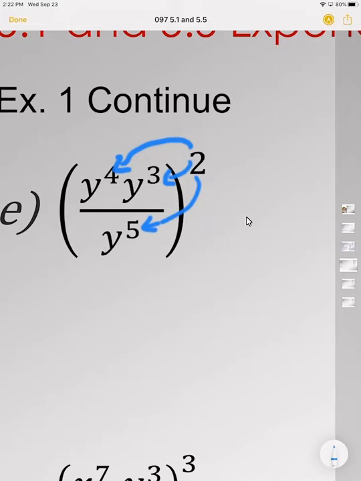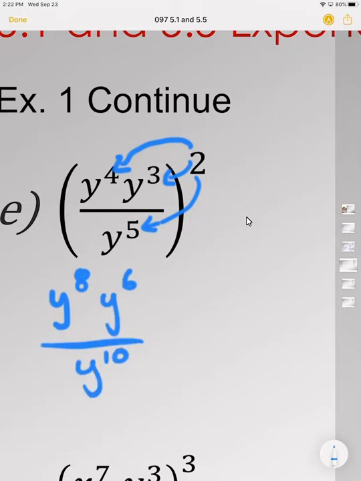And in this case, do you agree that 4 times 2 will give me 8, 3 times 2 to give me 6, and 5 times 2 to give me 10? Agree? And after you do this distribution, this is the same as example B earlier, in the sense that I need to add this item here to give me y to the 14 all over y to the 10.